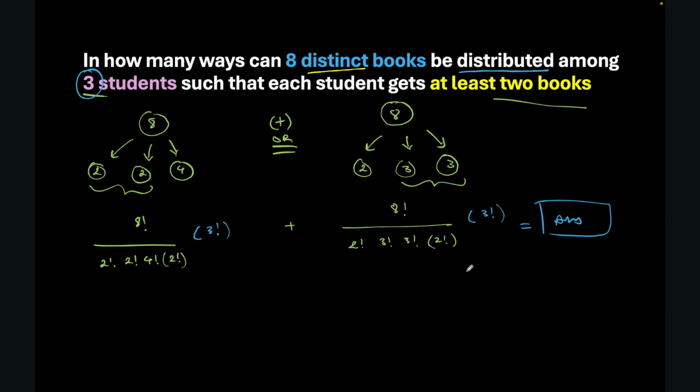Again, it's the same idea. Let's say in this situation, the librarian has made a bundle of 2 books, another 2 books, and a third bundle of 4 books, and they're lying on a table like this.